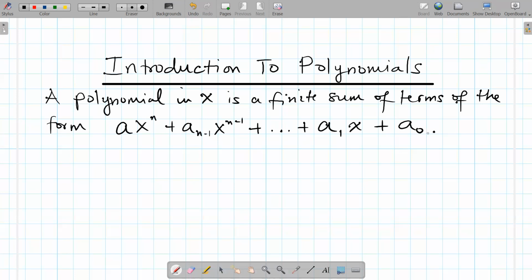So a polynomial is of this form. And don't freak out.